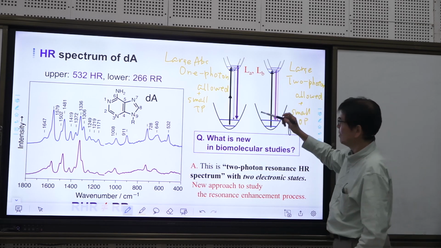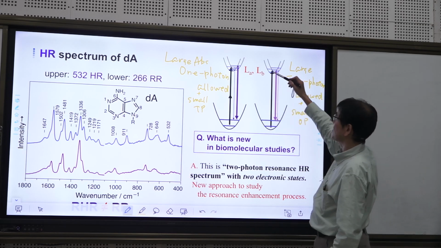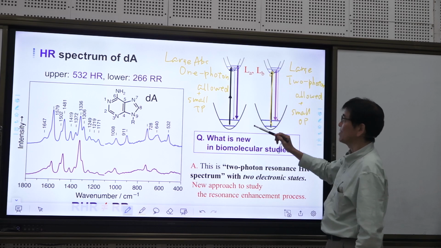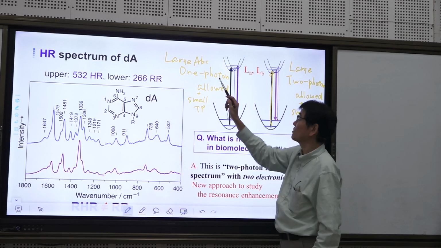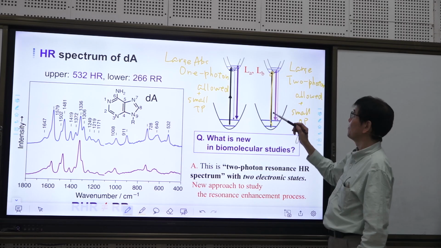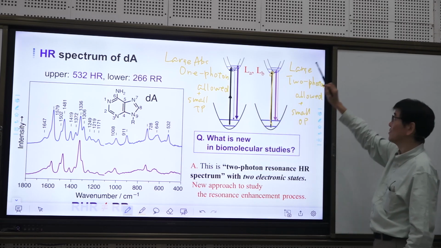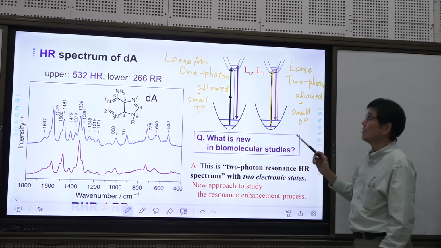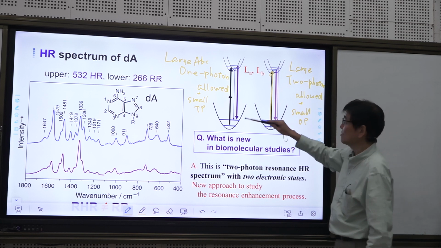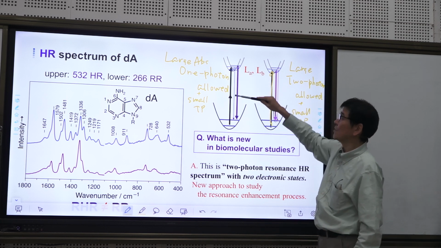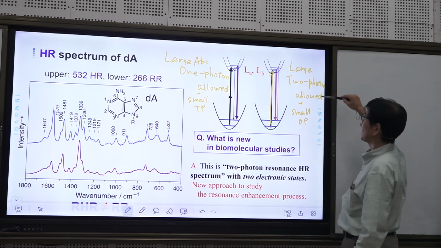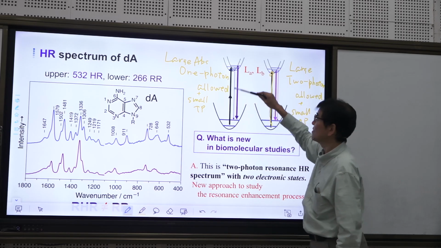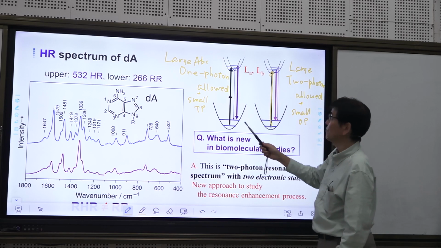Then, using one photon excitation, this process should resonate largely to one photon allowed state and weakly resonate to the small one photon state. On the contrary, two photon process should resonate to large two photon allowed state and minorly resonate to the small two photon state.